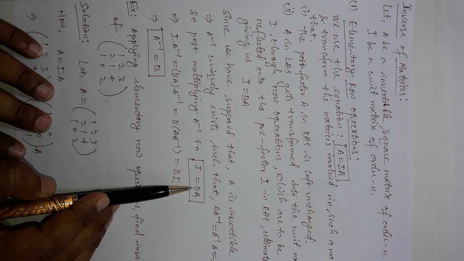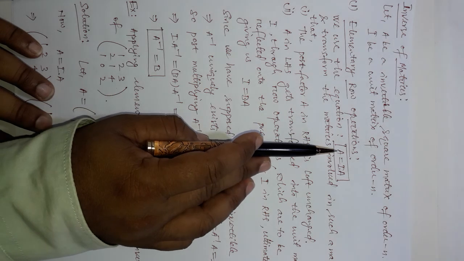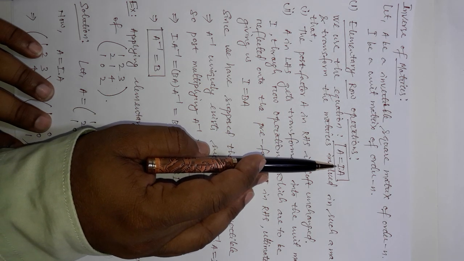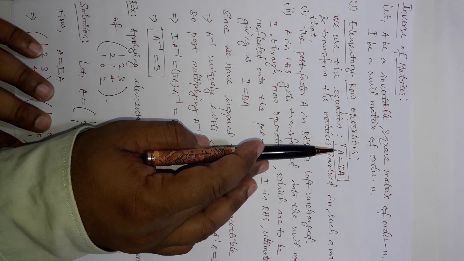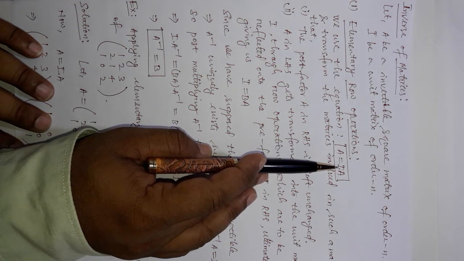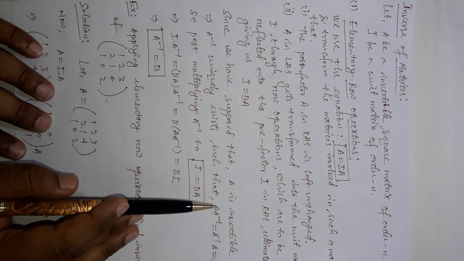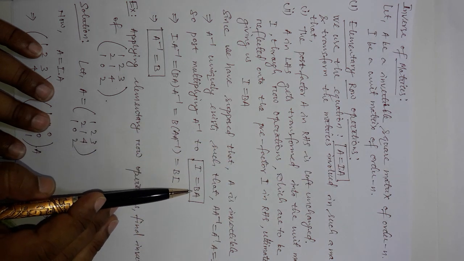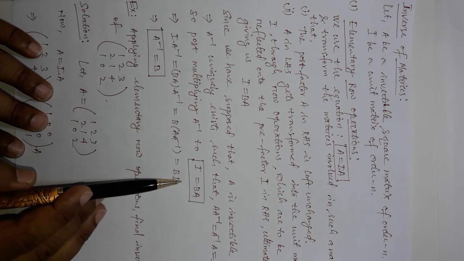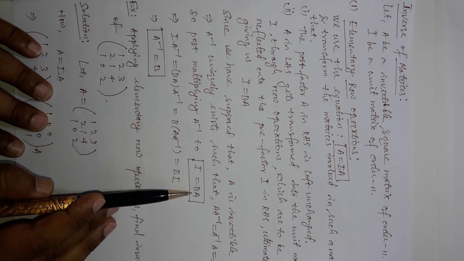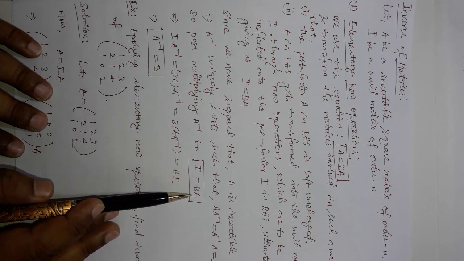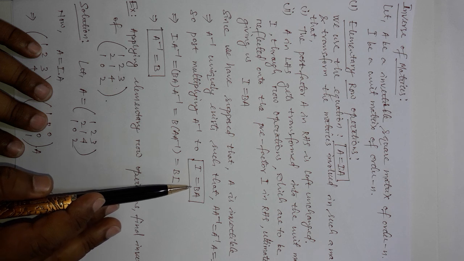I told you the matrix will change after applying elementary operations. Whatever operation we apply on the left hand side A, we will apply the same on the right hand side I. So A will change to I and I will change to another equivalent matrix B. The result will be I is equal to B into A. But we know that if we multiply two matrices and get the identity as the result, then those two matrices are inverses of each other.